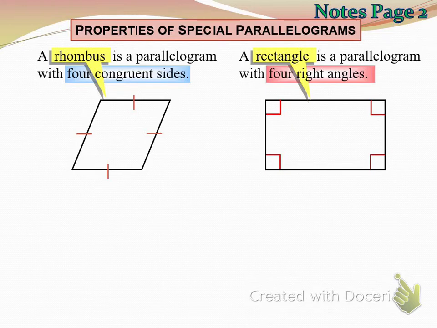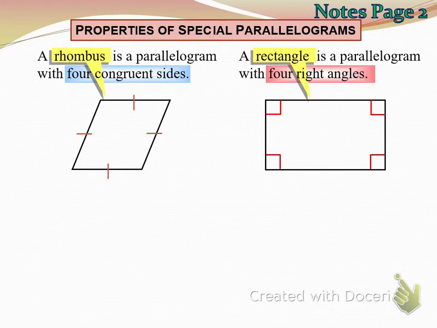Make sure you've drawn in the right angles as well as the congruent sides for a rhombus. Make sure you drew the right angles and then all the dashes. Again, these are types of parallelograms, so they have all of the properties of a parallelogram, the opposite sides being congruent, and so on.